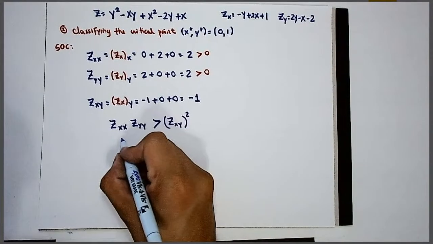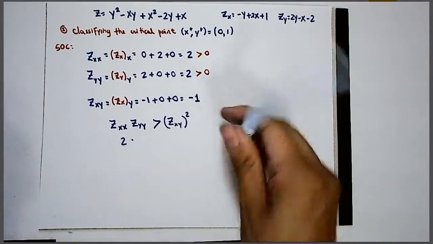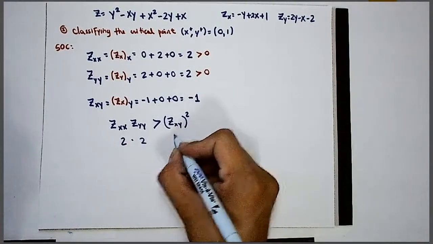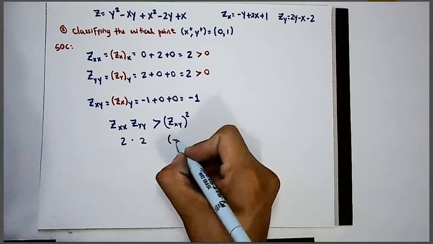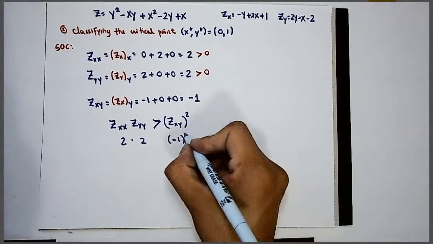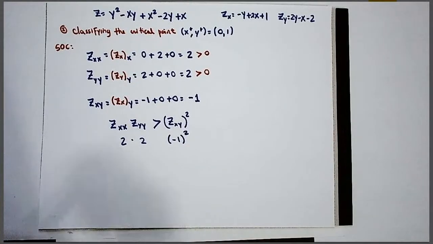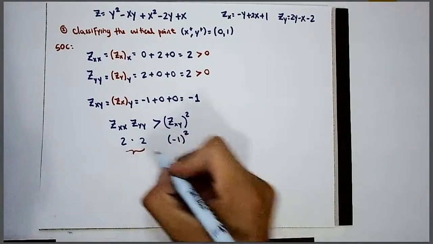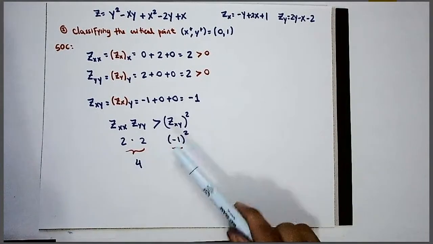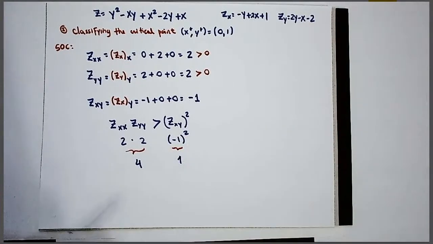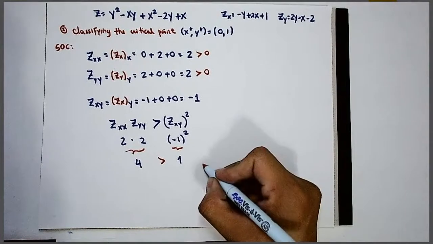So this is 2 times 2, and the cross partial is minus 1 squared. Now 2 times 2 is 4, and minus 1 squared is 1. And because 4 is greater than 1, the condition is satisfied.